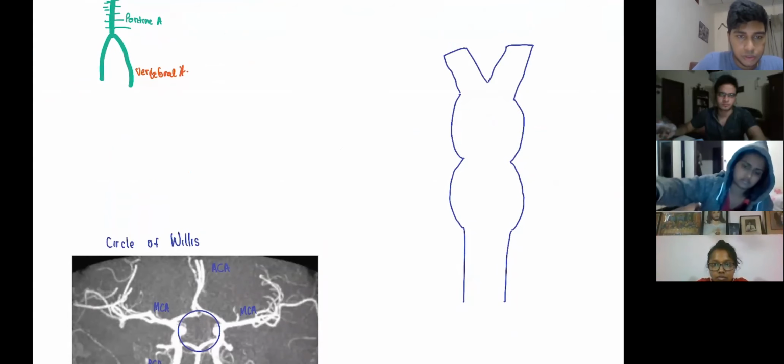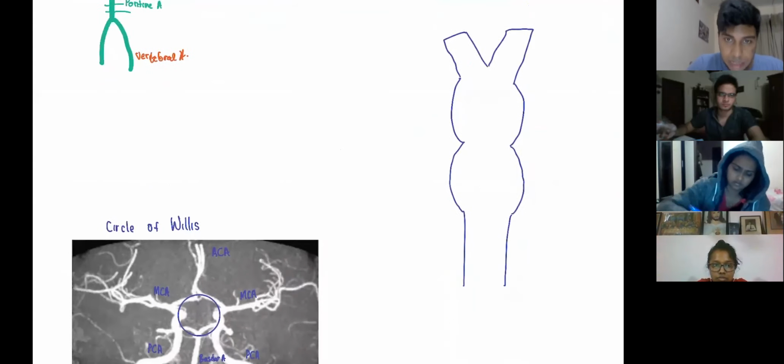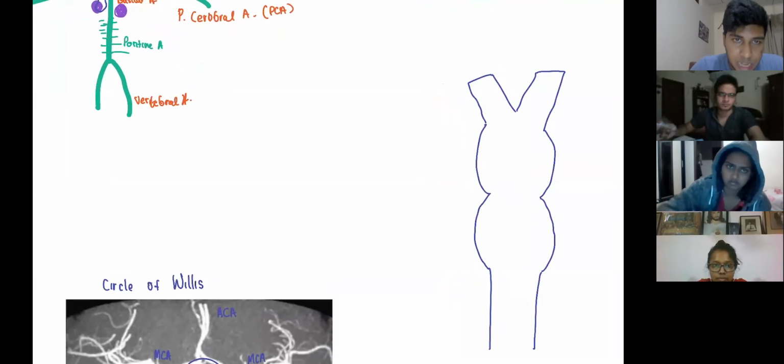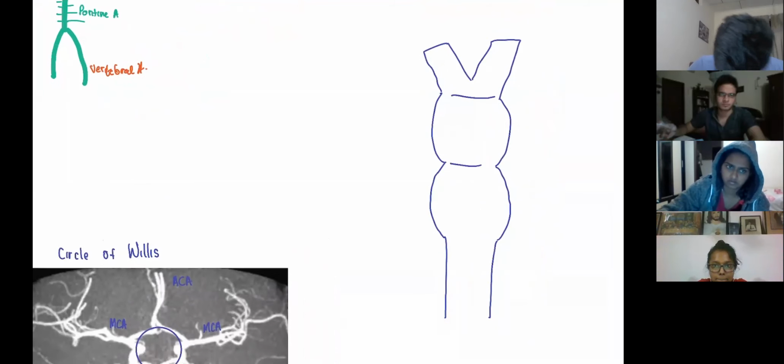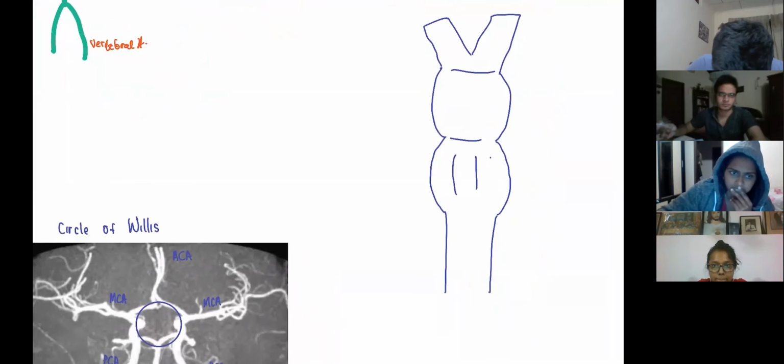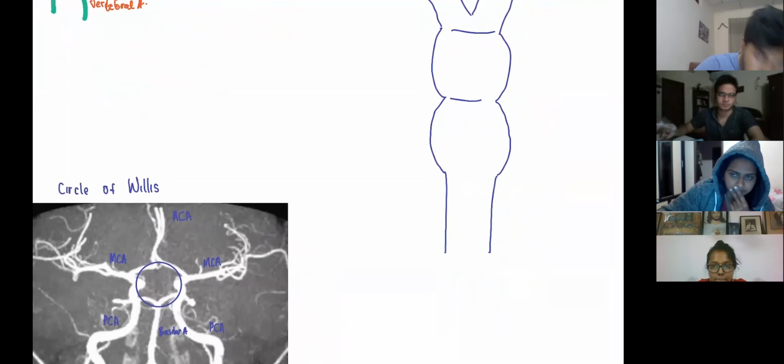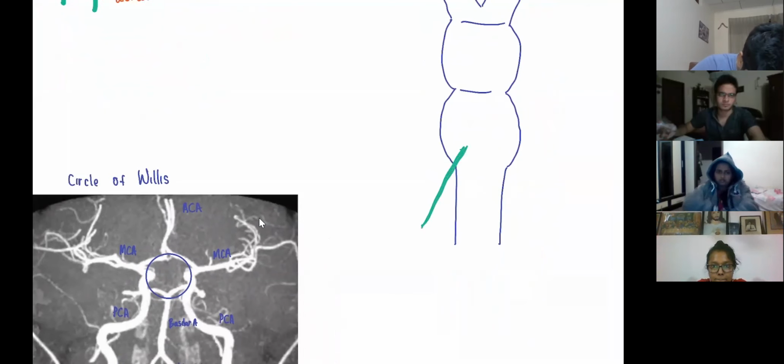So what I'm drawing right now is basically I'm going to draw the brainstem and show you the arterial supply. If you are using this note, I need space for one more diagram. Okay, don't draw that. It's just waste of space. Now, the vertebral arteries are going to come up all the way to the medulla.